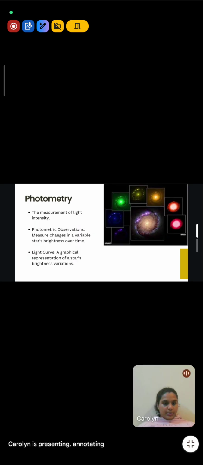As I've mentioned, it is a measurement of light intensity. For variable stars, young stars, all of that, we use photometry to track changes in their brightness over a long period of time. The resulting data is visualized in a more comprehensible manner with the help of a light curve.